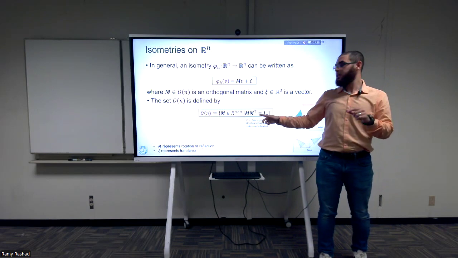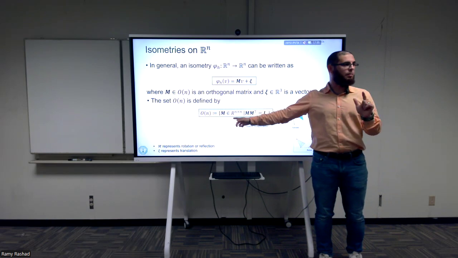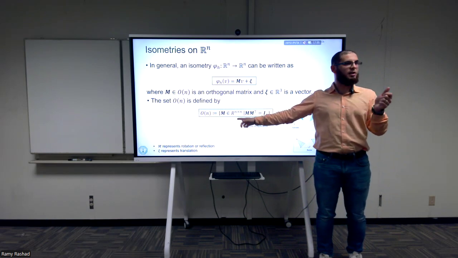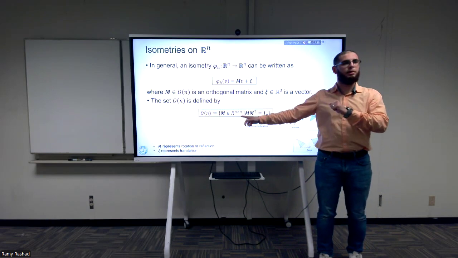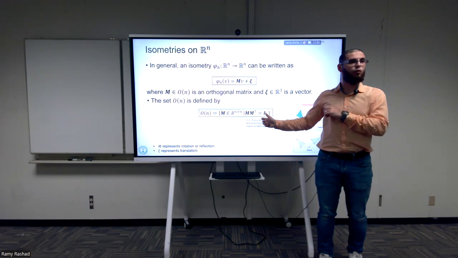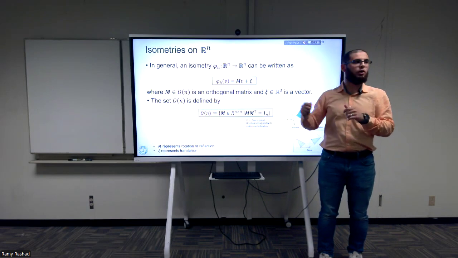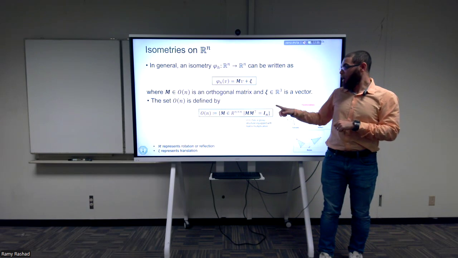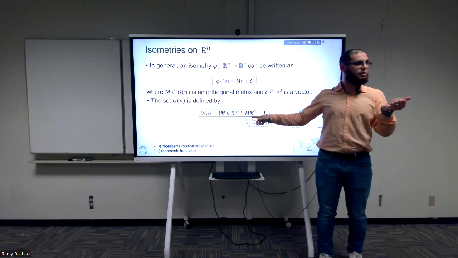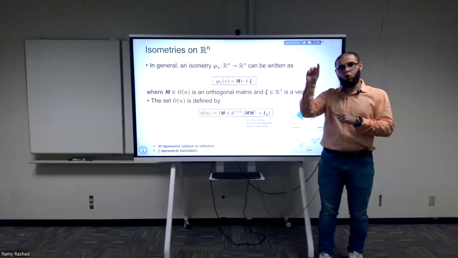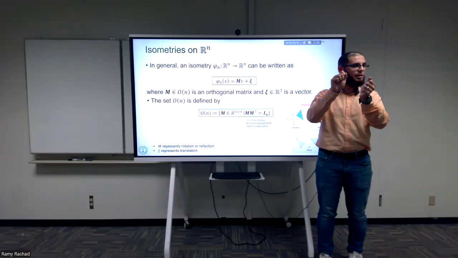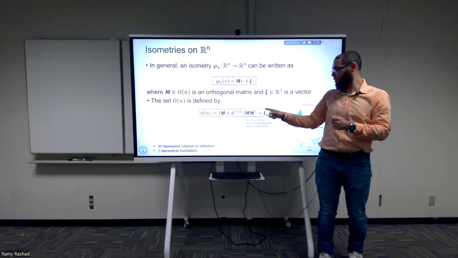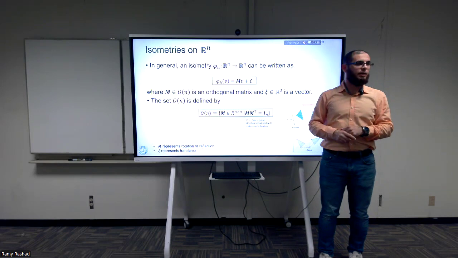But the question is, if we multiply two orthogonal matrices together, do we get another orthogonal matrix? In general, yes, and you can prove it. This is part of the next homework, inshallah. So this set has a group structure, and the group operation that takes two elements and gives you another element in the same group is matrix multiplication.